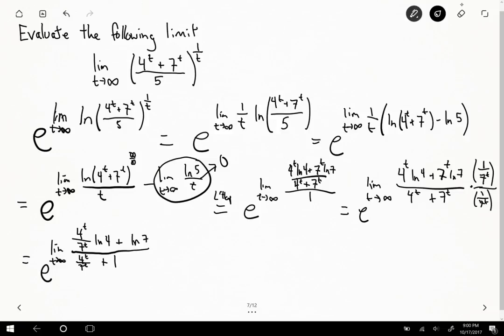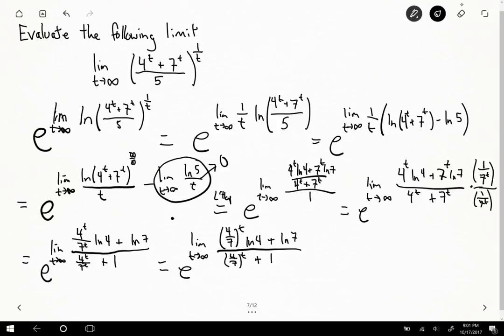Just to simplify this a little bit further so you might be able to see it easier, this is e to the limit as t approaches infinity. Now we have the first term is 4/7 raised to the t times natural log of 4 plus the natural log of 7, all over 4/7 raised to the t plus 1.